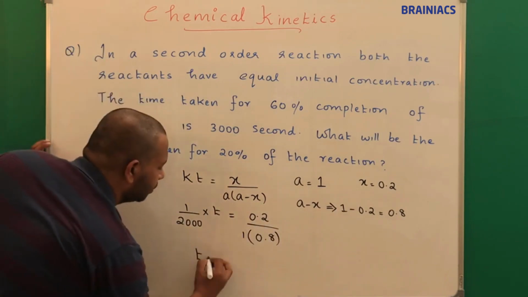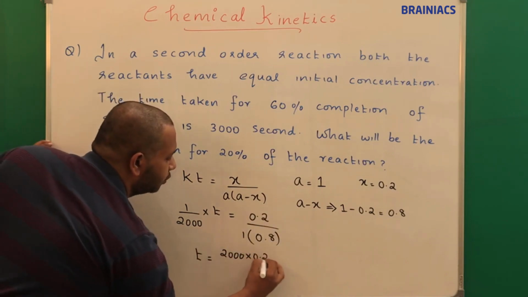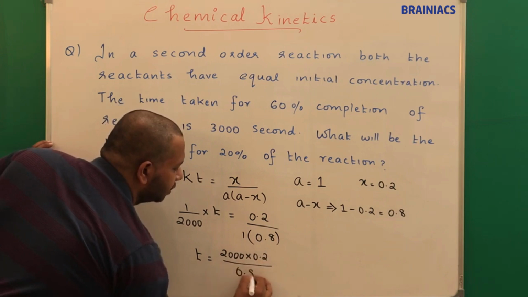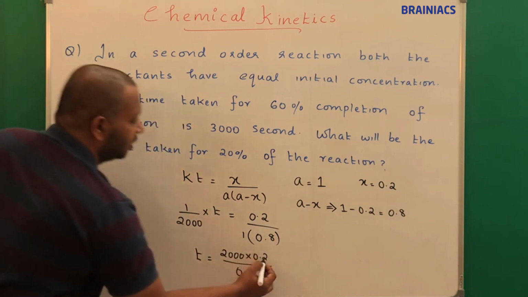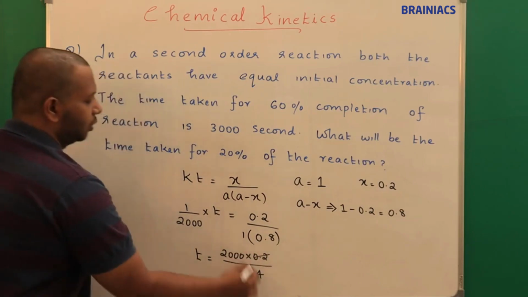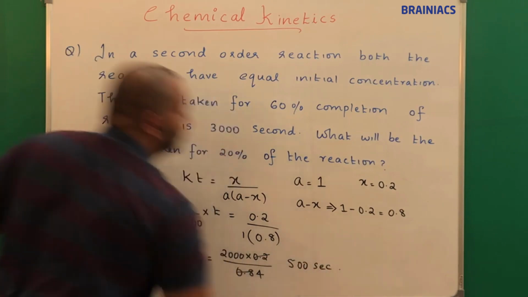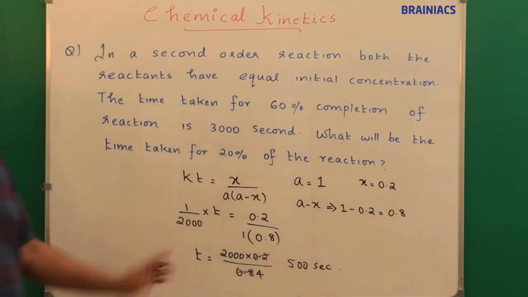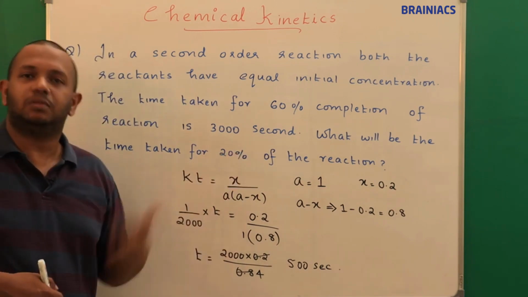T is equal to 2000, taking it in the numerator, 2000 into 0.2 by 0.8. What will be the value? I know this is 2 by 8, multiplying 10 on both sides, this will become 4. So 2000 by 4, I know the answer is 500 seconds. So 500 seconds is the time taken for 20% of the reaction to get completed.